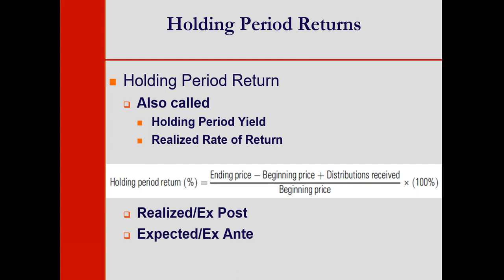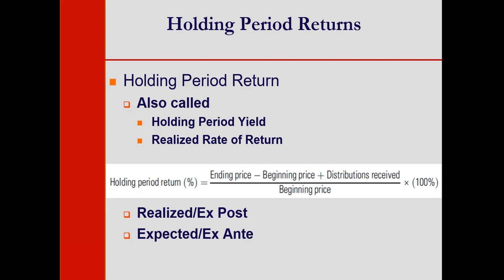So ending price minus beginning price gives the price differential. This is one component of the return. The second component is dividends received during that time. So this is the total return. If you are calculating the return, divide the total amount you received by the initial investment, which was the beginning price, times 100.